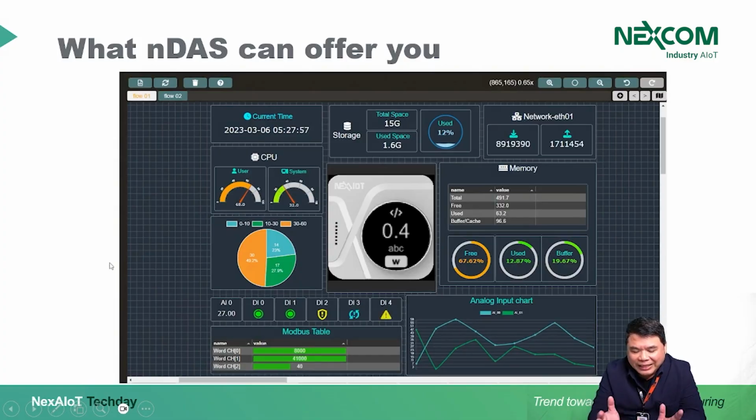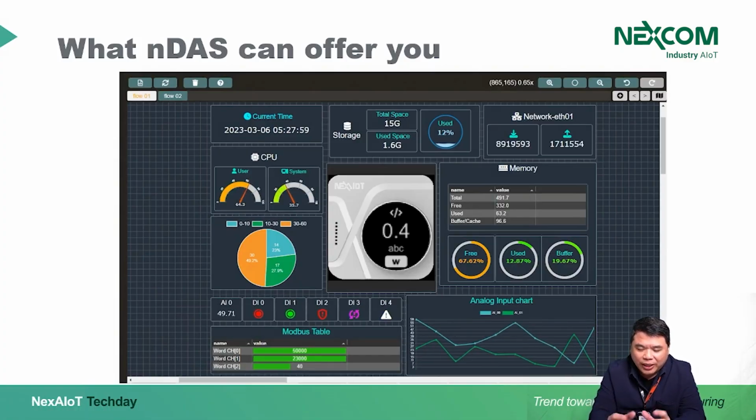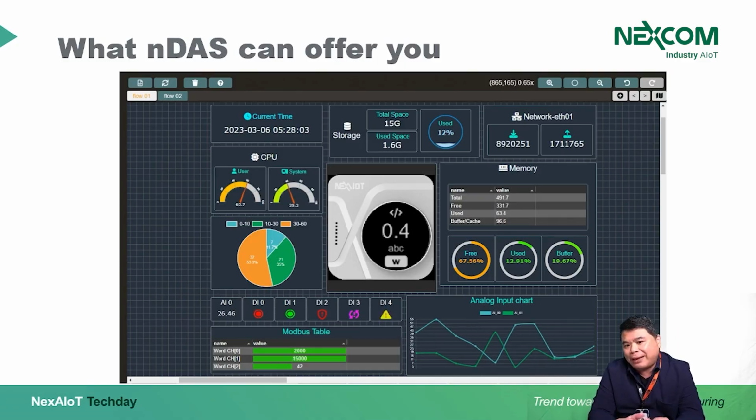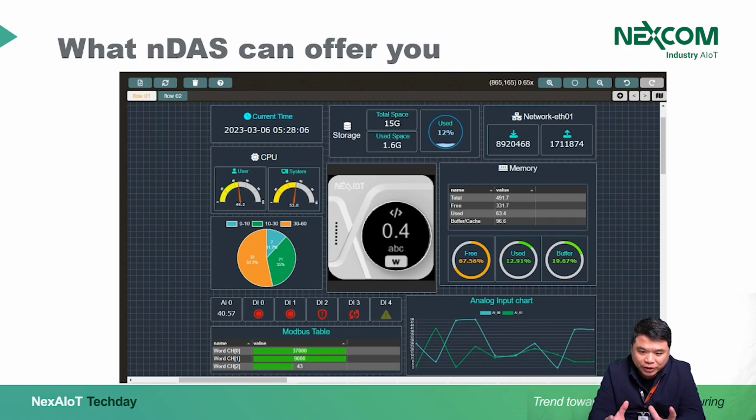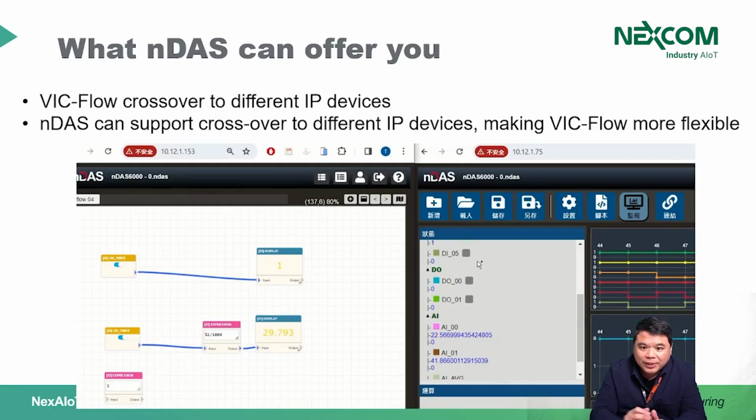So in a browser like Chrome or Edge, we can show some dashboard, the VIC-Flow, the configuration and the monitoring. So you don't need extra software, it's standard built into the nDAS. So nDAS is not only I/O, not only a gateway, it can do VIC-Flow and show the dashboard. So this one is a new function.